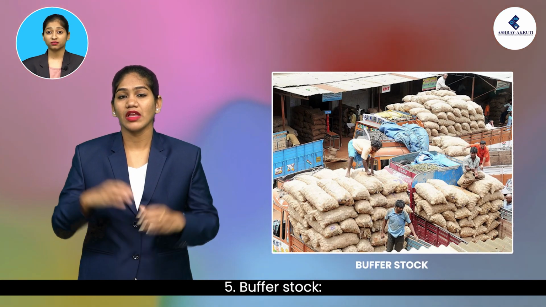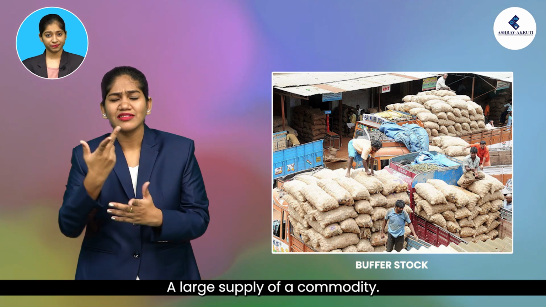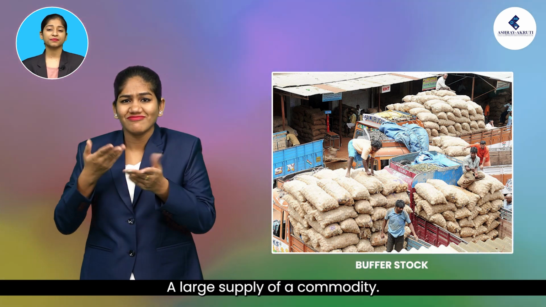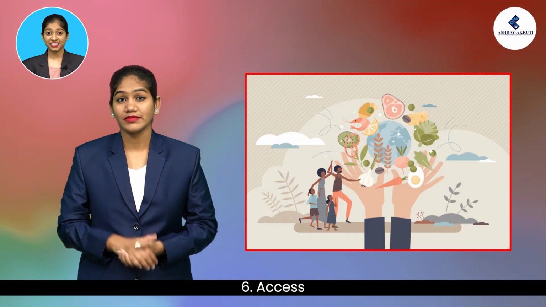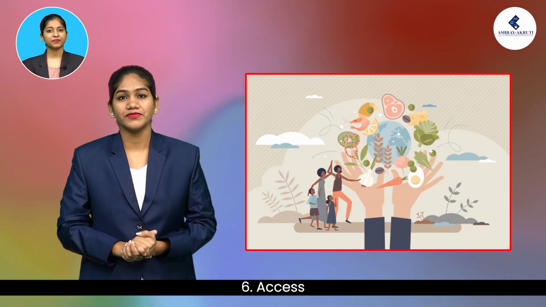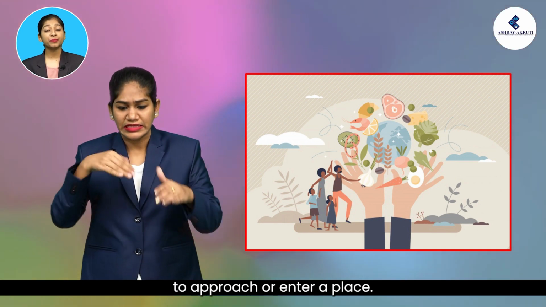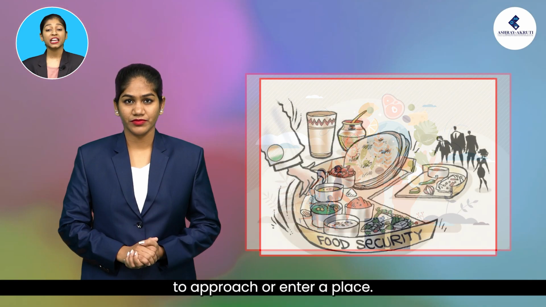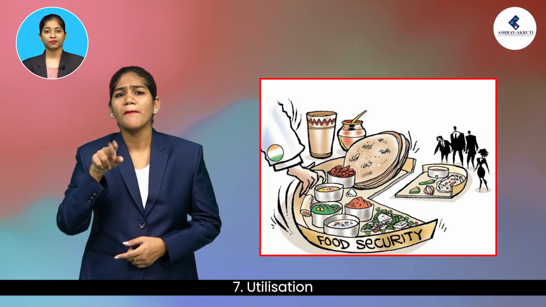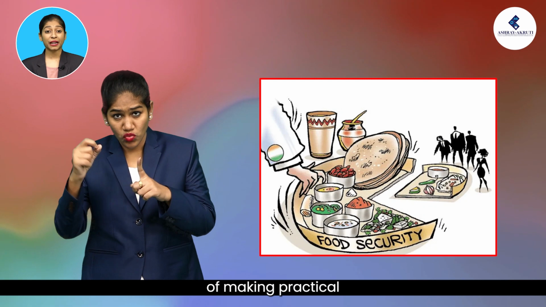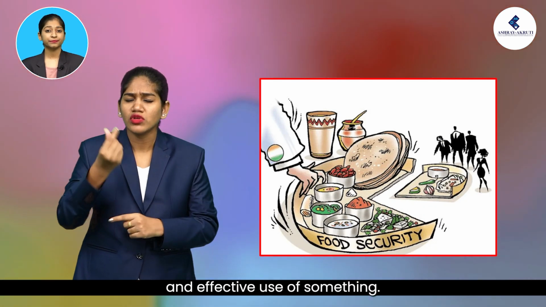Buffer stock: a large supply of a commodity. Access: the opportunity to approach or enter a place. Utilization: the action of making practical and effective use of something.